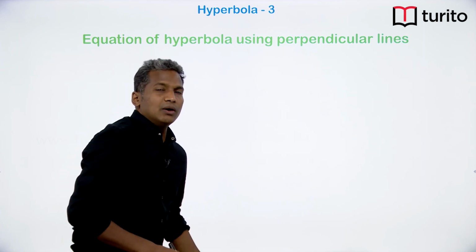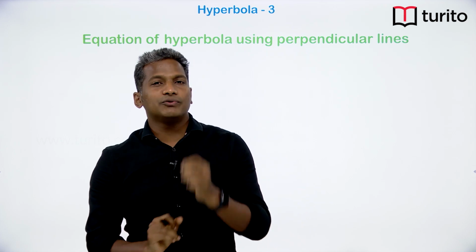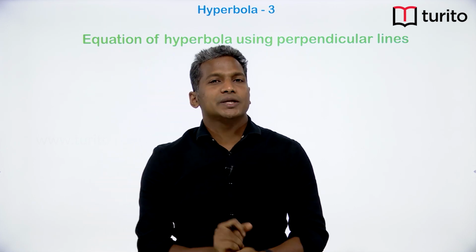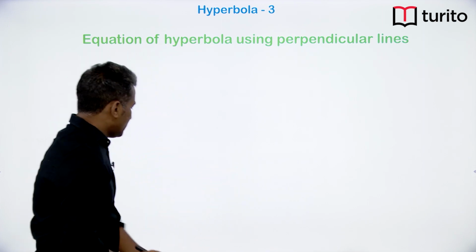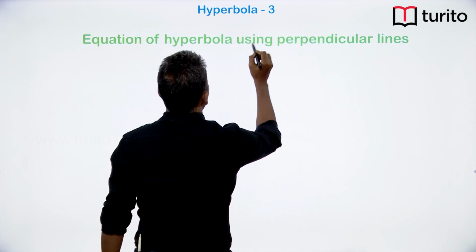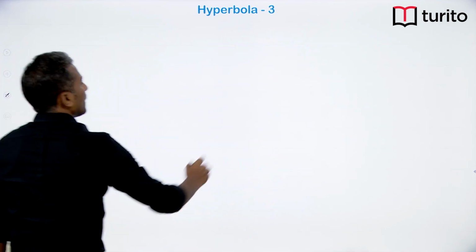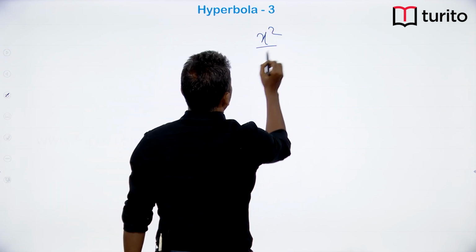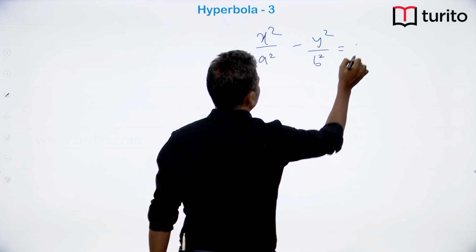So, till now we have understood all forms of hyperbola, but there is one more form which can be derived using two perpendicular lines. For example, take the earlier standard form of our hyperbola, x square by a square minus y square by b square equal to 1.